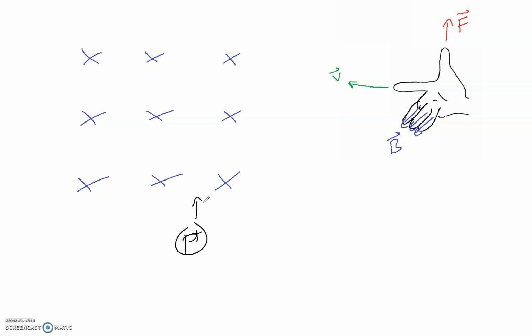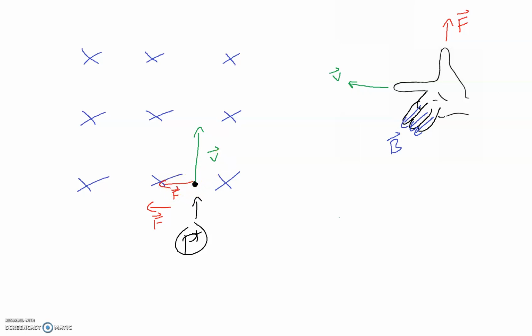And my thumb is pointing to the left. So my force is going to be in that direction. Okay, so the proton goes into the field, and its velocity vector is this way, and it experiences a force. I'll just draw my little charge right there. There's my charge. It experiences a force in this direction.